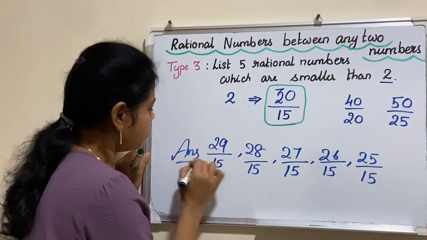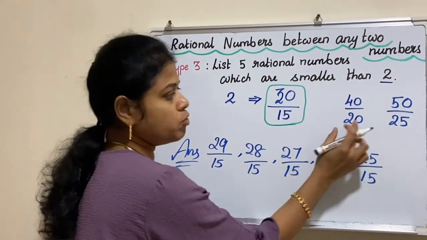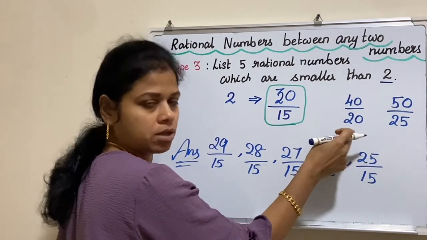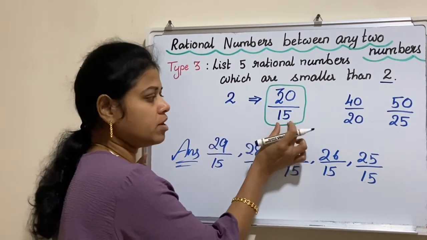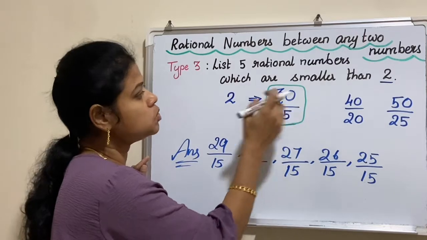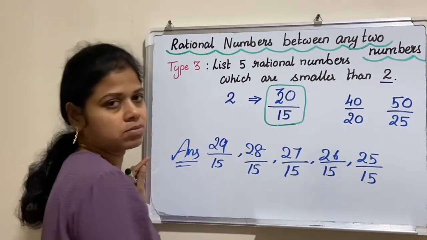So the numbers which are smaller than 2 are these numbers. You can also, if you take this one, it will be like 39 upon 20, 38 upon 20, 37 upon 20, like that. So denominator, you make it any number. Numerator, you just multiply and write. After that, you just list out whatever the number. If you want smaller than this, smaller numbers.